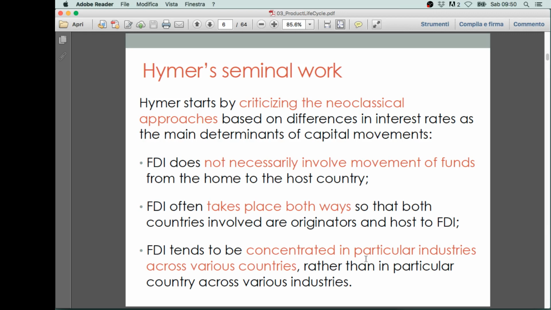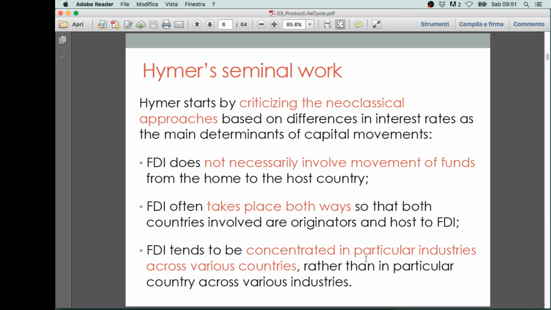I can directly raise capital from China and invest it in the Chinese company. So, foreign direct investments do not necessarily involve movements of capital from the home country to the host country.